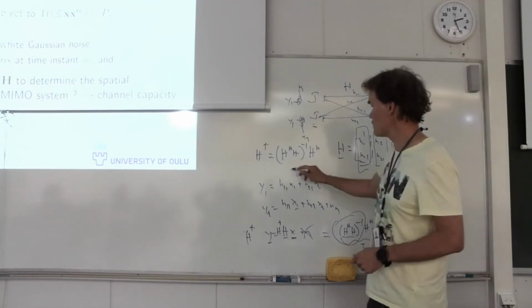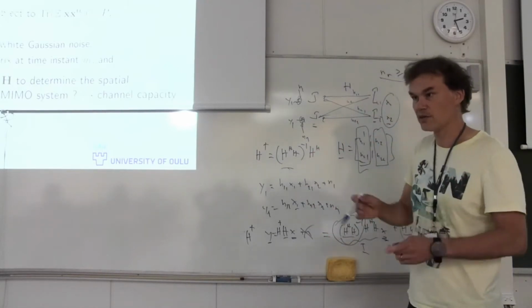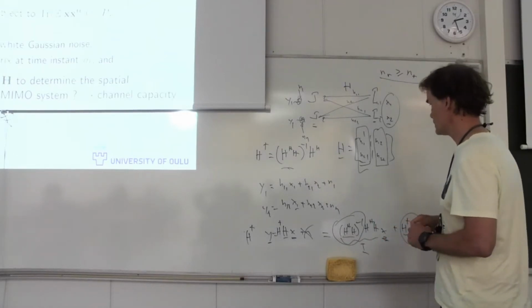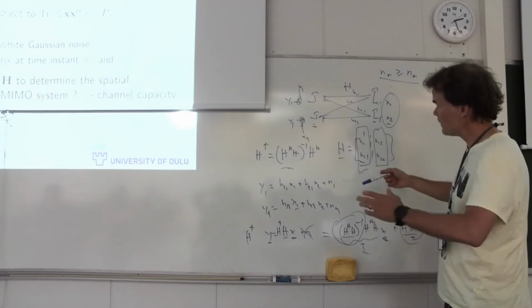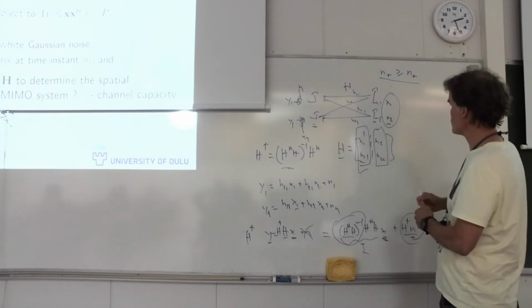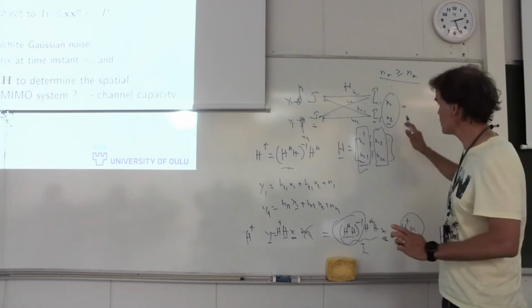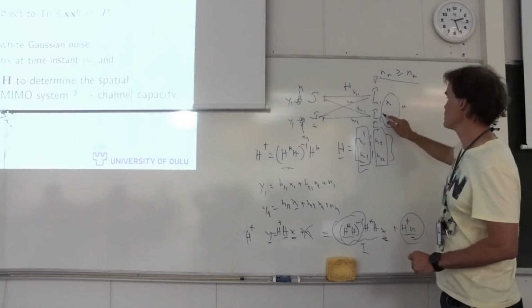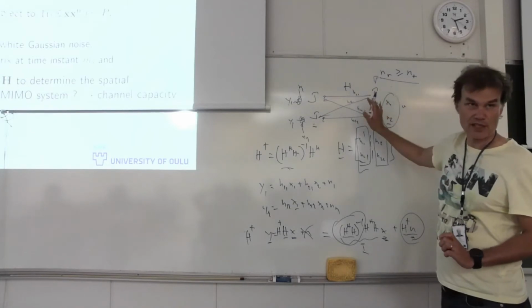Of course, rank can be constrained by the radio channel itself. They can be dependent. But anyway, when you know the channel, then you can adjust the number of streams. The simple solution, of course, if you have more transmit antennas, is to choose a subset of antennas.